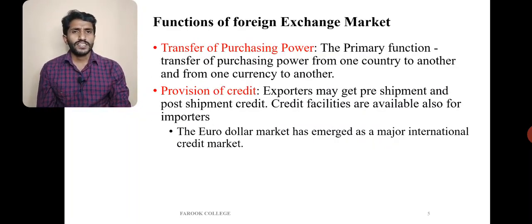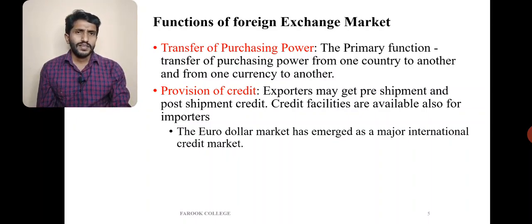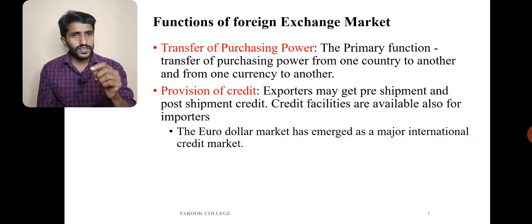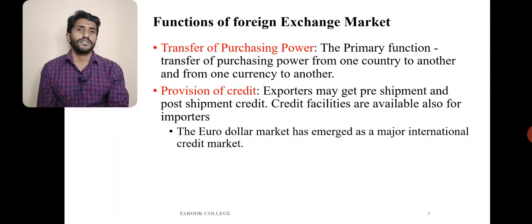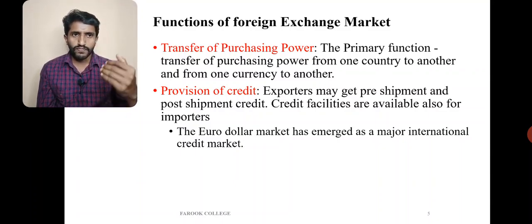So what are the functions? What is the need for a foreign exchange market? Mainly there are three functions of the foreign exchange market. Firstly, as we discussed, transfer of purchasing power. It is a primary function, which is a transfer of purchasing power from one country to another, or from one currency to another, or from one person to another.